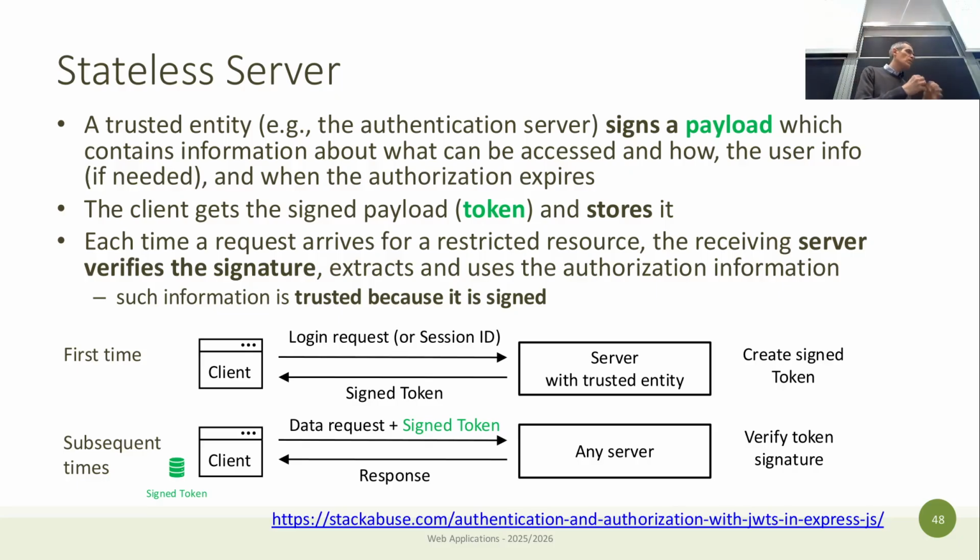The protocol is a bit more complex when you want more flexibility, but the principle is this one. So you authenticate with a trusted entity, a payload is signed, it says, I am the user X and it can do this and that. And then just looking at the signature, okay, recognizing the signature, the server trusts you because you come with this payload that says what you can do, okay?